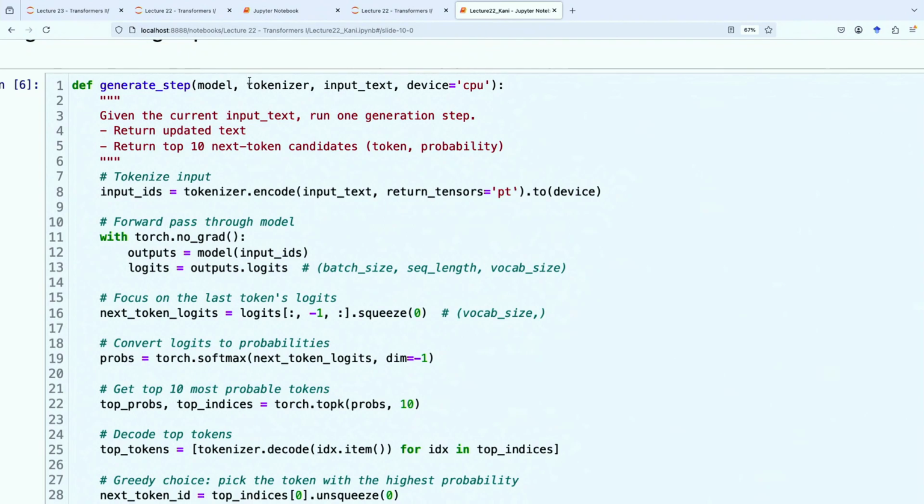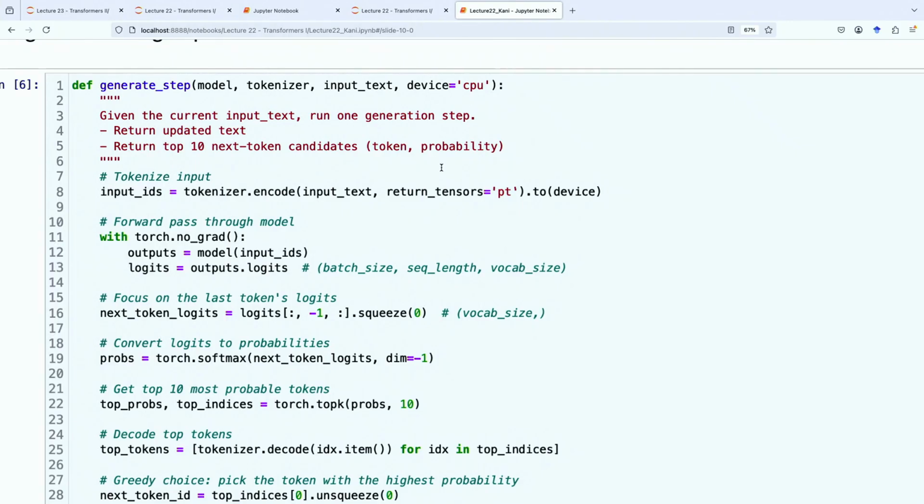All this function is doing is generating a particular step. It's taking in the model, the tokenizer, an input text, and a device, CPU, because that makes it more generalizable. I'm sure many of you have found out that using a GPU is nice. In this case, I'm leaving the default at CPU to make things easier for you, but feel free to change it.